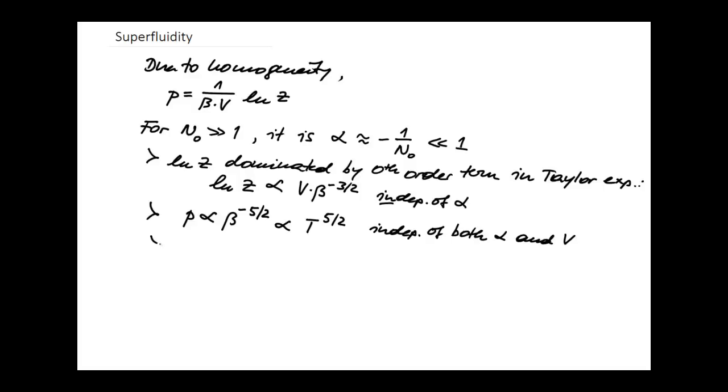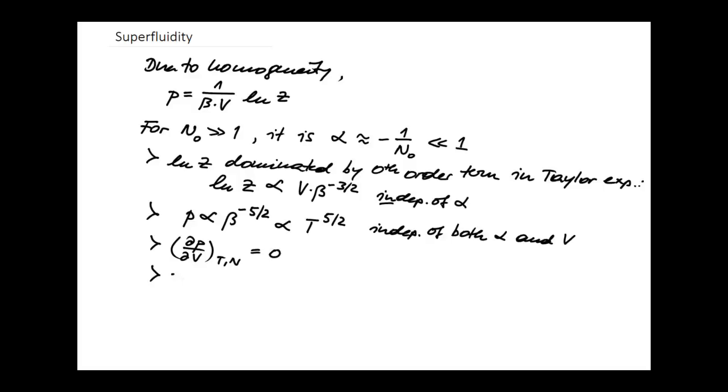This implies that the partial derivative of the pressure with respect to volume at fixed temperature and fixed particle number is equal to 0.